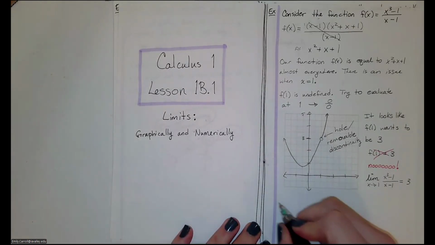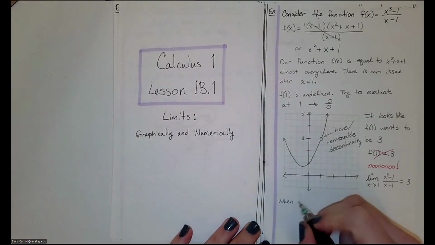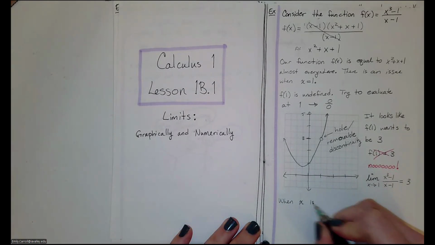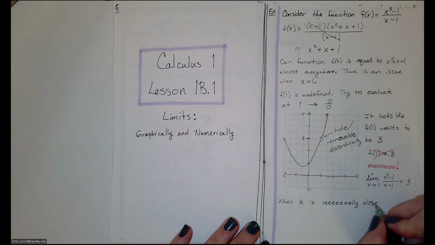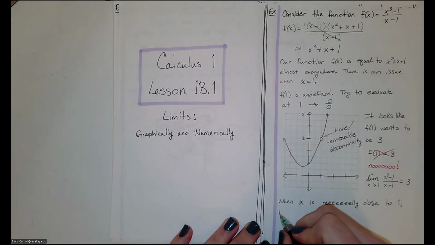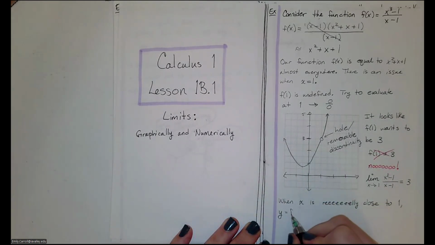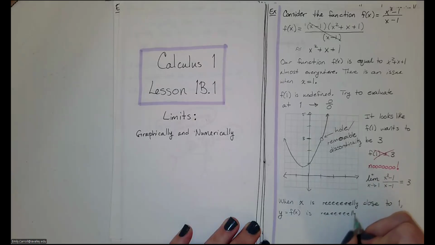In other words, when x is really close to 1, the y value, or the f of x, is really close to 3.